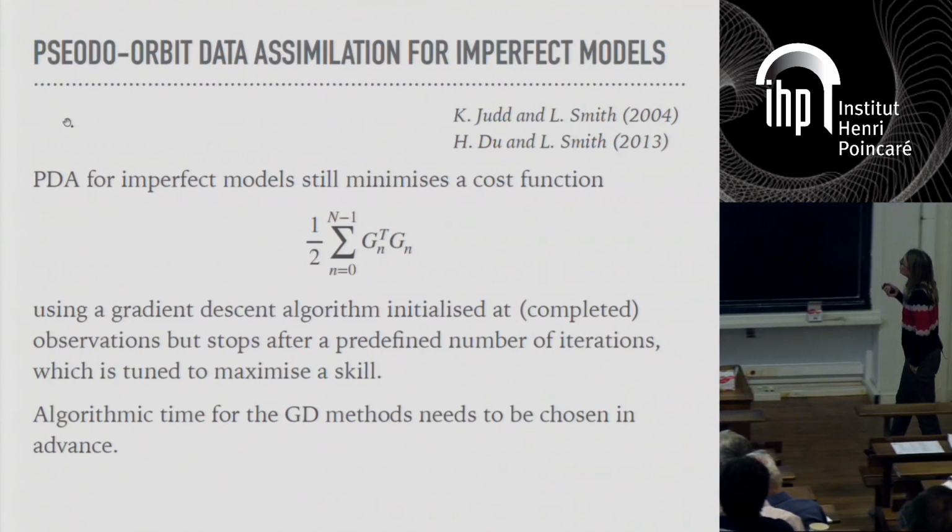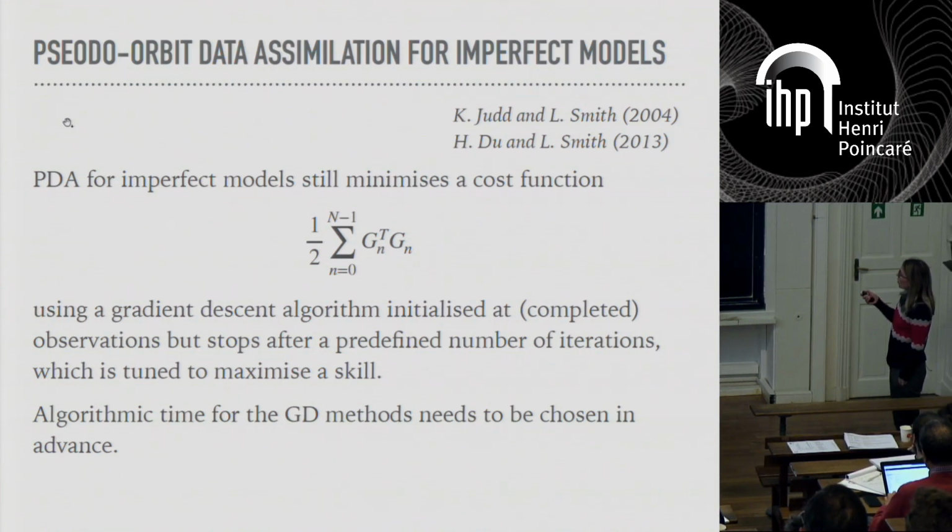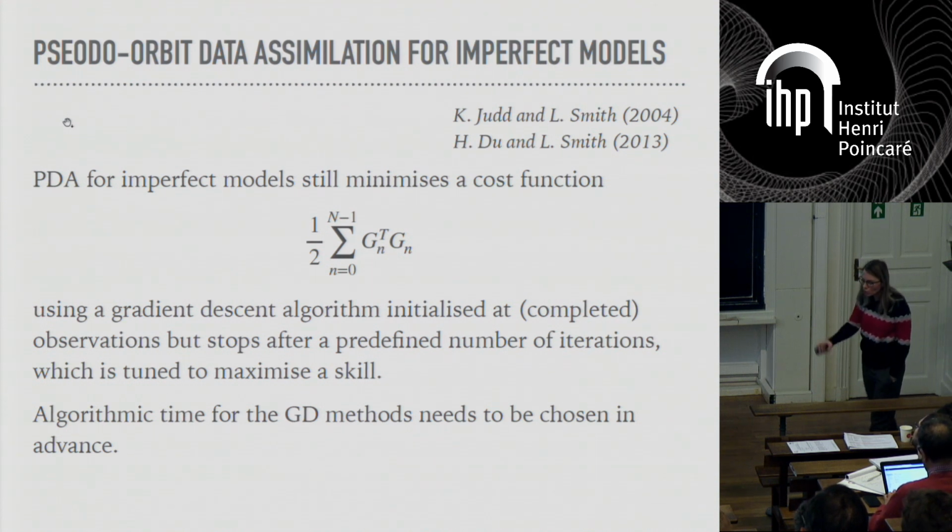Okay, so pseudo-orbit data assimilation has also been done for perfect models, and the difference with our method is that, as I mentioned before, it doesn't find the zeros of Gn, but rather minimizes this cost function. It also initializes at completed observations, and the idea behind is also the same: we do not want to have the pseudo-orbit of an erroneous model, but we would like to stop before that.